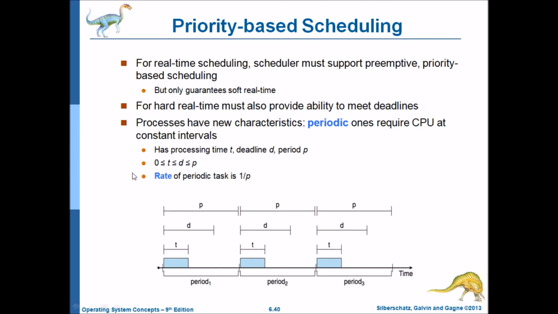Then the rate of a periodic task is 1 over P. Schedulers can take advantage of these characteristics and assign priorities according to a process's deadline or rate requirements. Here we see the figure. You can see that P must always be greater than D, which is greater than T, for each period.